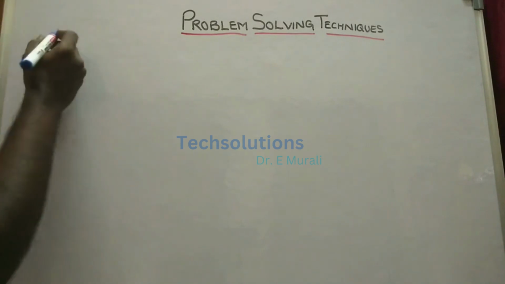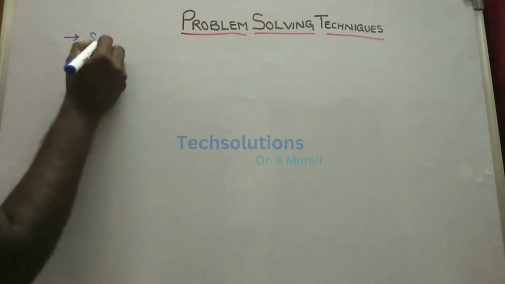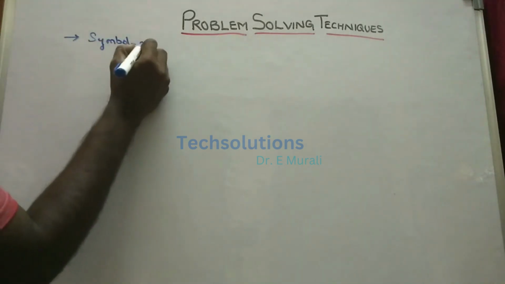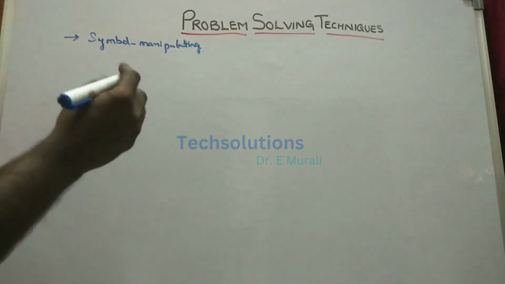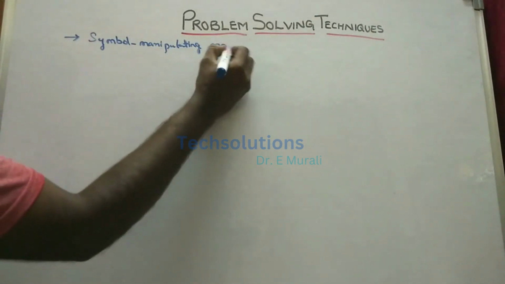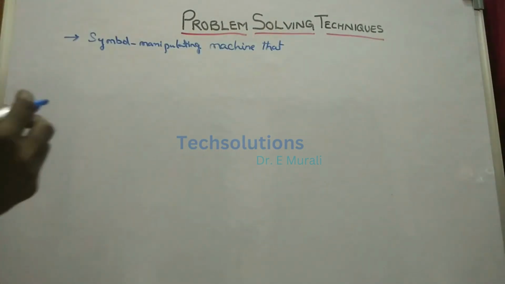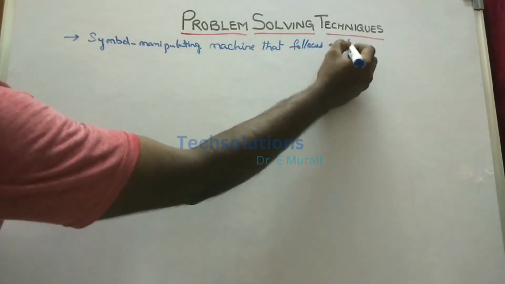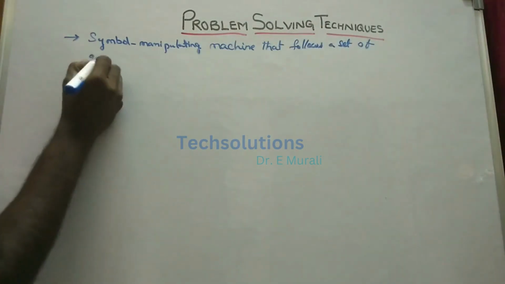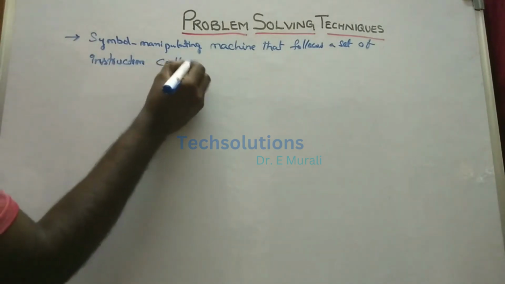Here we can say, first of all, you can solve a problem by using computers. A computer is a symbol-manipulating machine that follows a set of instructions called a program.